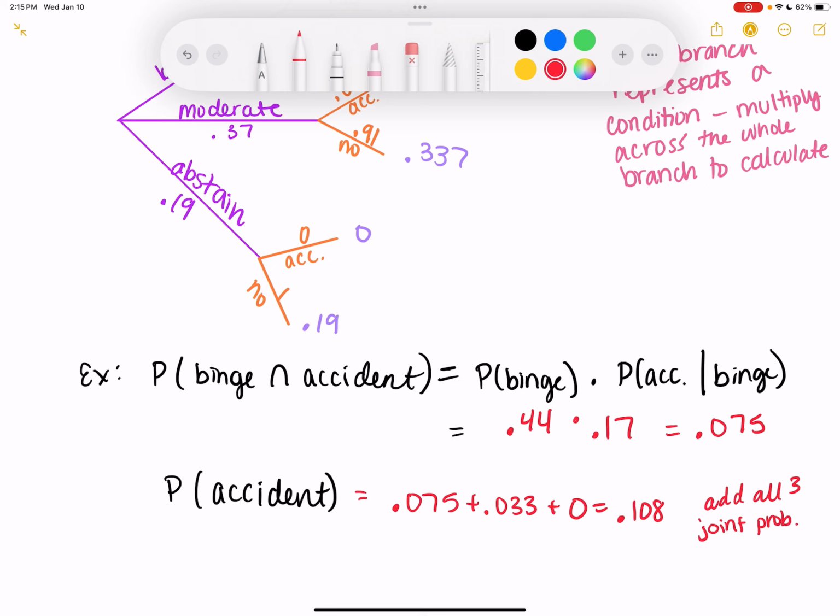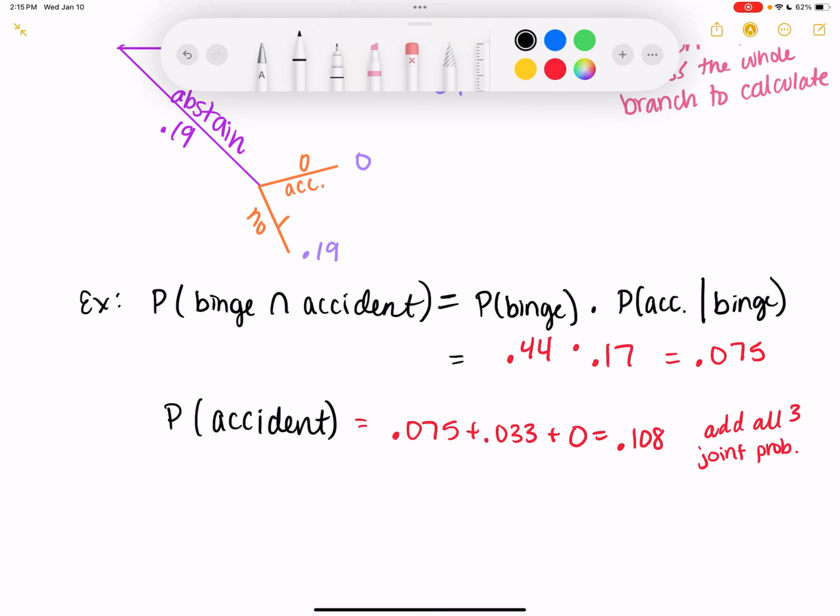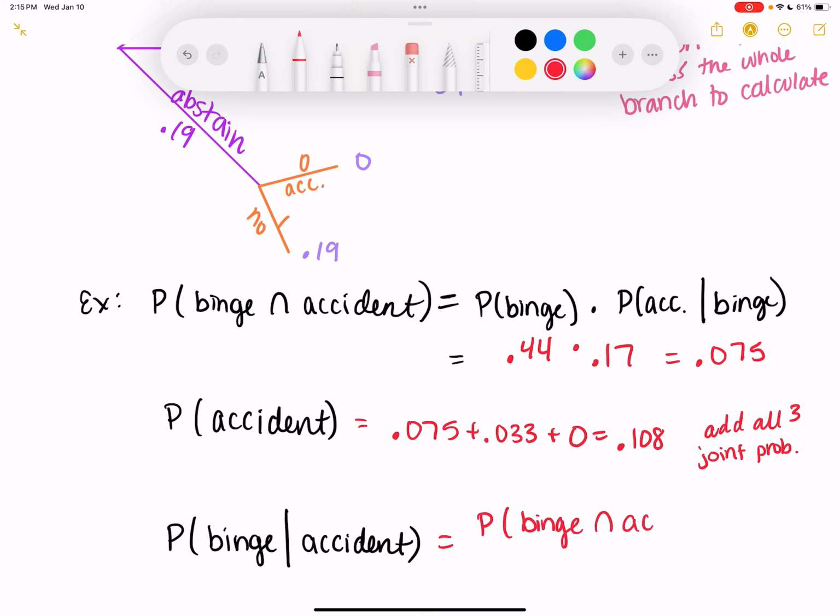Now we're going to look at a conditional probability that we don't already have the answer to. The probability that they binge given that they have been in an accident. So remember what this means is the probability that they binge intersected with an accident, so that they have had both, basically, divided by, it's always the probability of the second thing, the probability of an accident.